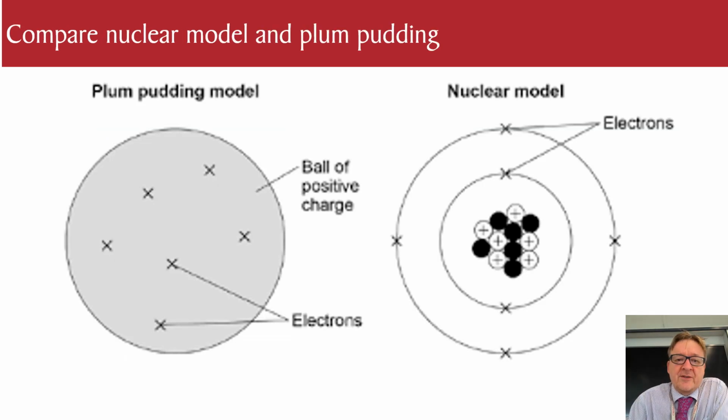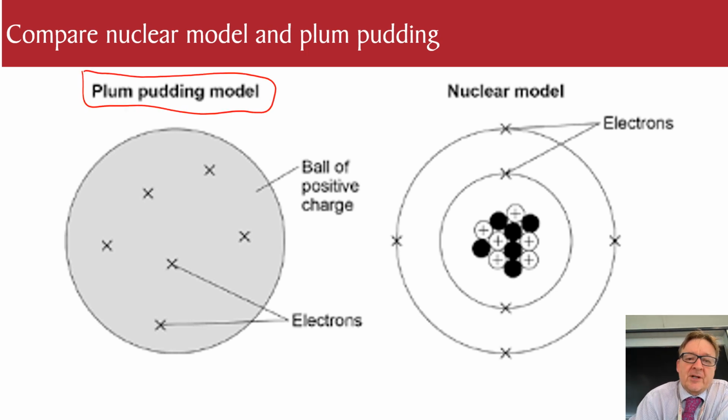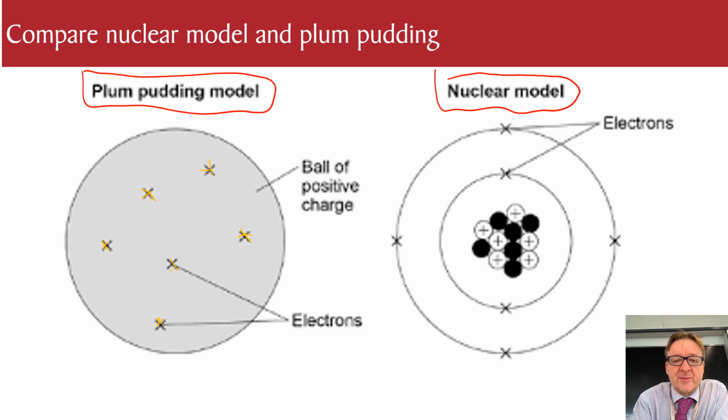Right. So these are the two main models that need to be compared. This is the plum pudding by J.J. Thomson, and this, the nuclear model, is mostly by Rutherford. What J.J. Thomson thought was that there were negative charged particles, a bit like plums in plum pudding and Christmas cake.